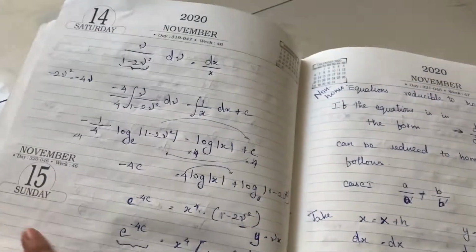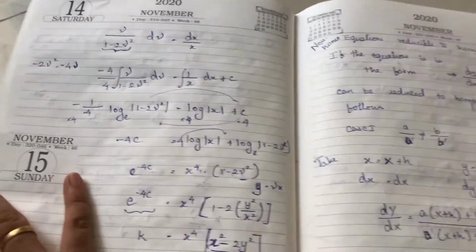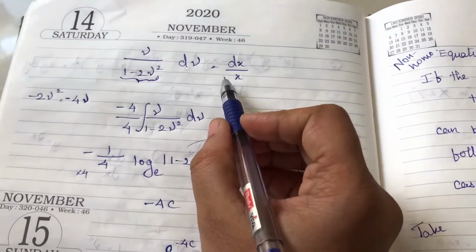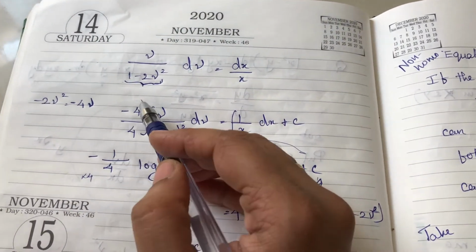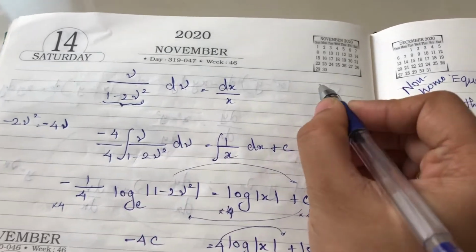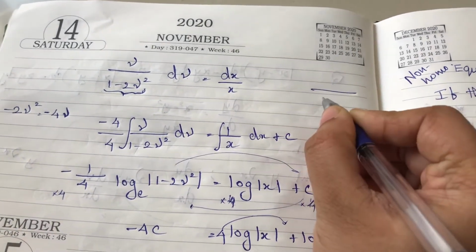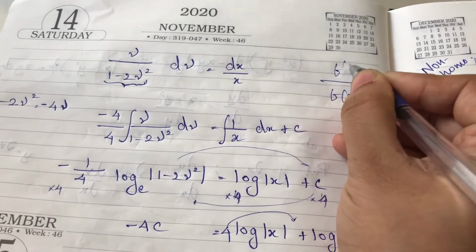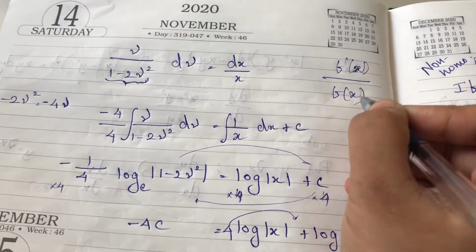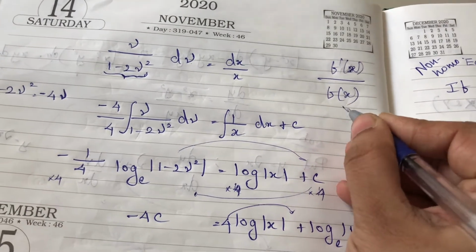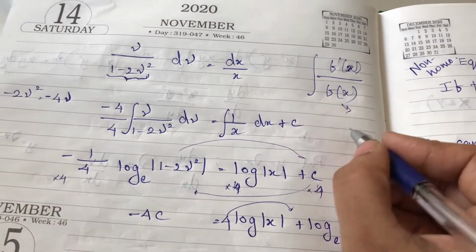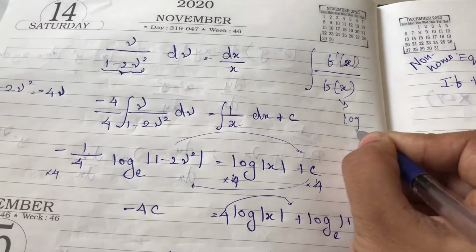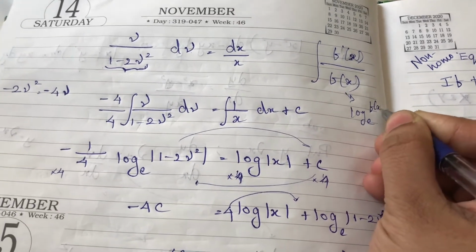Okay, for that purpose I need to change this as log. How can I? If f of x is a function, and if I get f dash of x in the numerator, then if it is an integral, I can write this as log e base f of x.